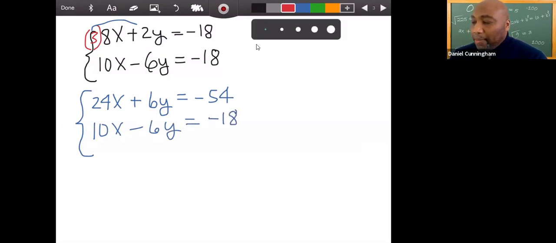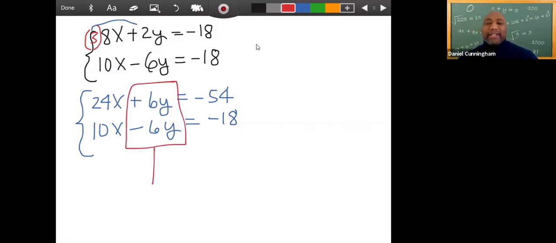Now, let me show you why I multiply the top equation by 3. You have to multiply the whole equation by 3, because notice I have a positive 6 and a negative 6, and when I add them together, that will cancel out my y. Again, my goal is to cancel out the y. If I didn't see that, I could also cancel out the x's.